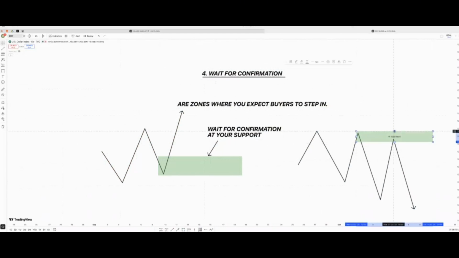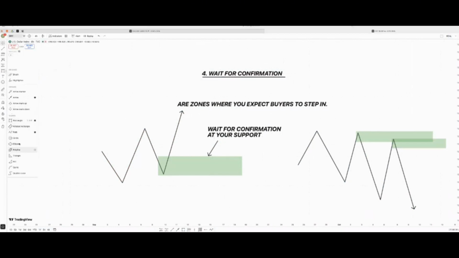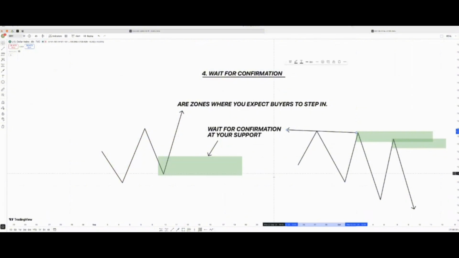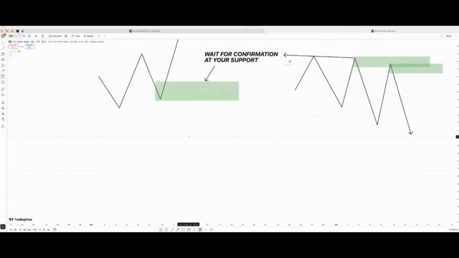We have another video talking about confirmation. If you don't know how to wait for confirmation, we have another video dropping. If you check our channel, it talks about waiting for candlestick confirmation or structure confirmation. When price gets to your support or resistance, you wait for confirmation.